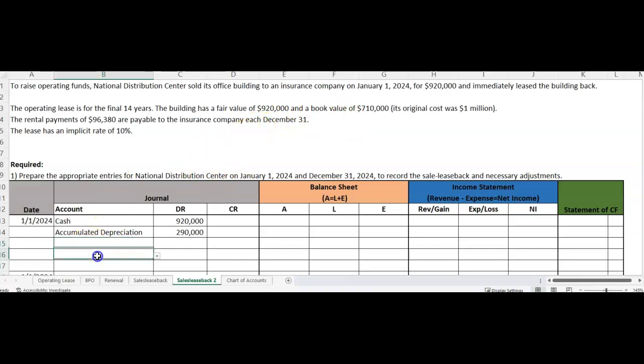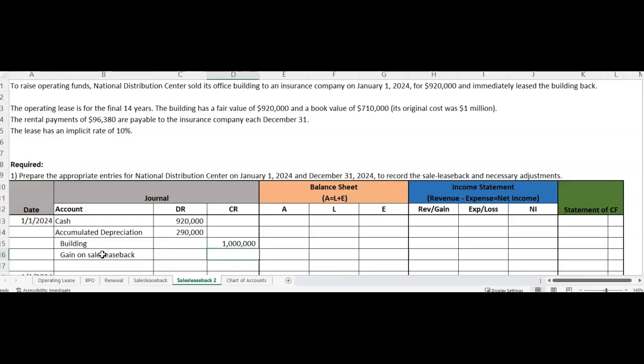Okay. The next thing we have to do is get rid of the asset itself. Remember, the building account that we were just talking about has a balance of $1 million in there. So the net of these two has to equal that book value of $710,000. And then last but not least, we would have a gain on a sale-leaseback.